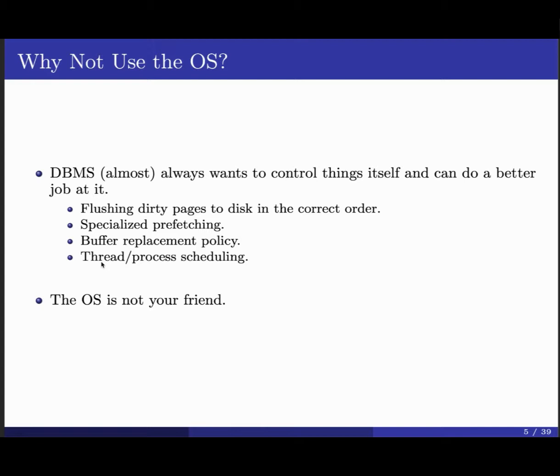It's in a better position to decide which block to keep in main memory and which one to get rid of. How can we access the data? How can we anticipate, for example, that this query is going to perform a sequential scan, etc.?